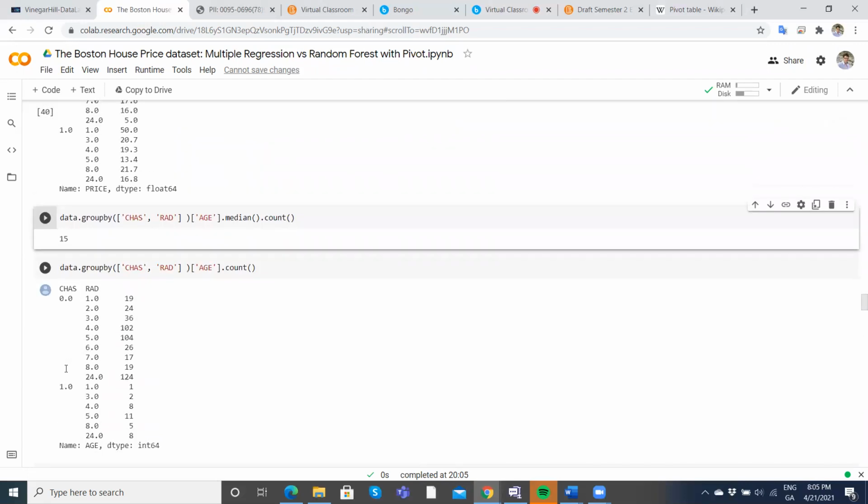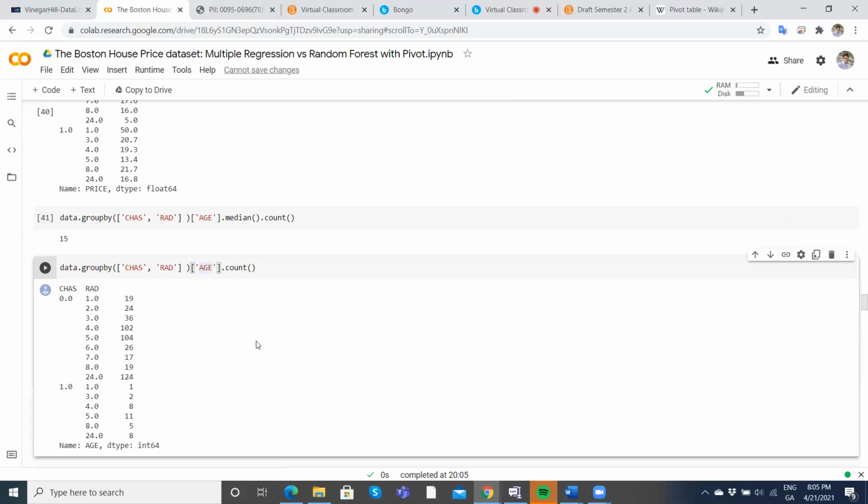But if I wanted to, if say, for instance, I wanted to, let's go with price again here. If I want to get the number of properties, the number of electoral districts that satisfy these conditions, right, I could just do count, right?